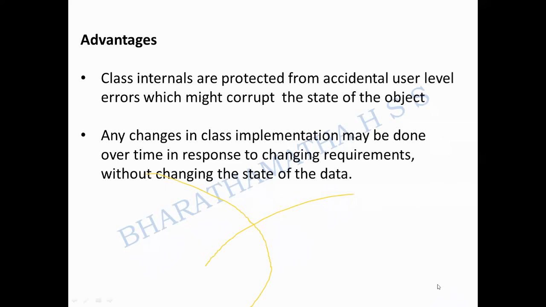Yes or no? The layout and all these things, so many changes come up, but the usages remain the same. This is what is meant by any changes in class implementation may be done over time in response to changing requirements without changing the state of the data.